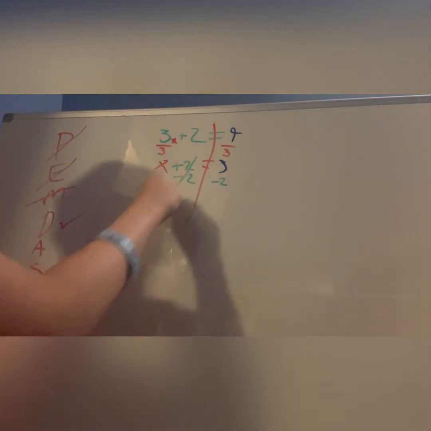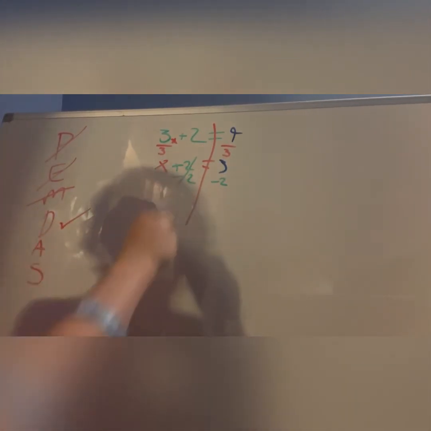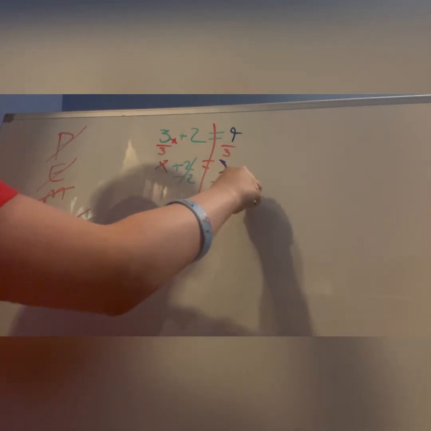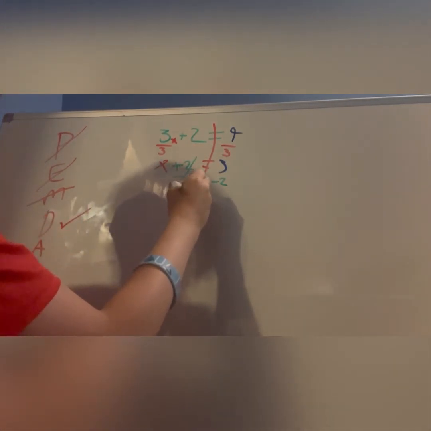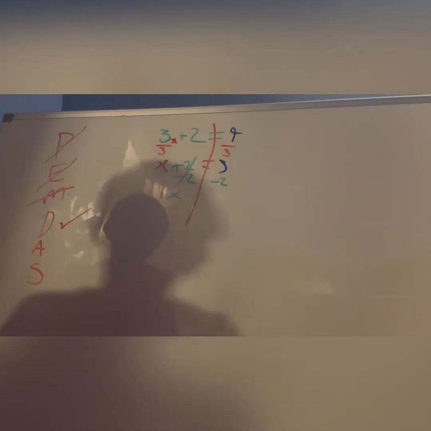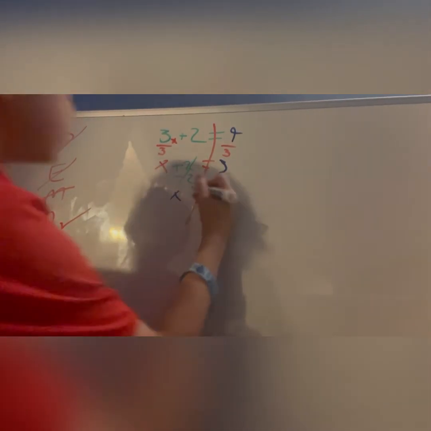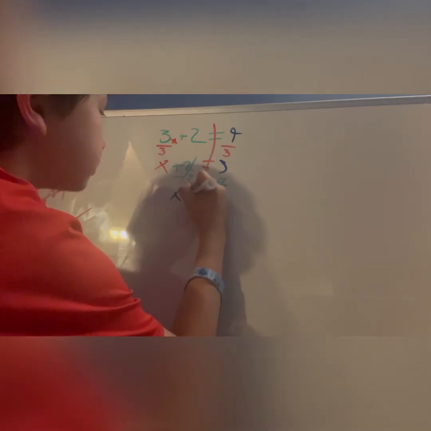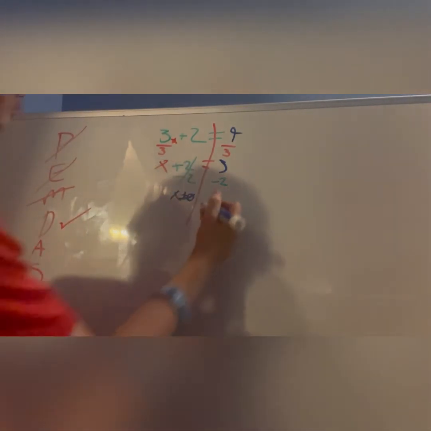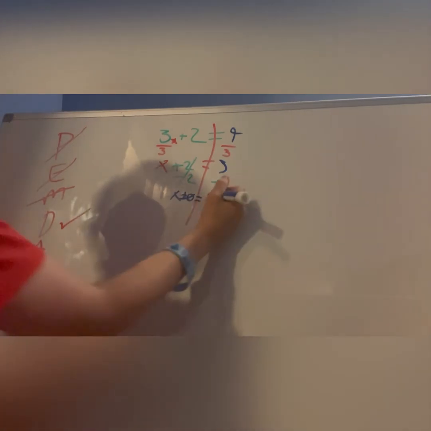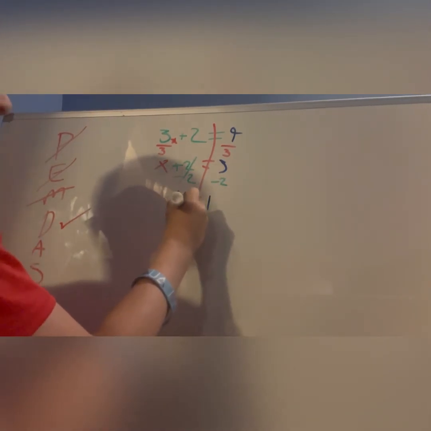So plus 2 is minus 2. So we got this, and now we got x. Once again we got 0, we can get rid of it, and we can put x equals 1.